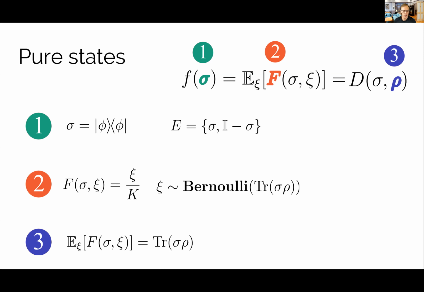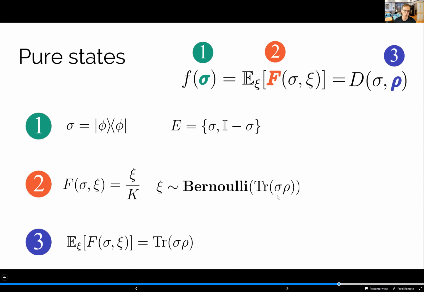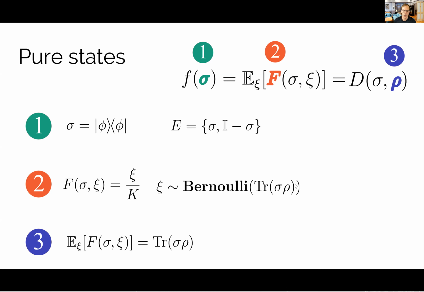Now, the function that I'll try to optimize is just this naive estimate of the fidelity. And when rho is a pure state and sigma, as drawn here, is a pure state, then this random variable is just a coin toss with this probability given by the overlap of these two pure states. And I'll repeat that some number of times.